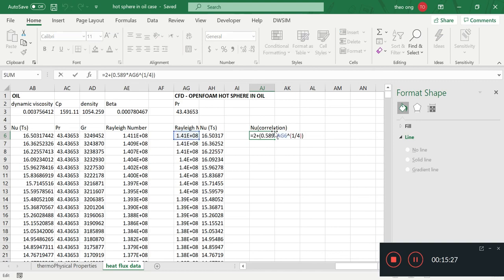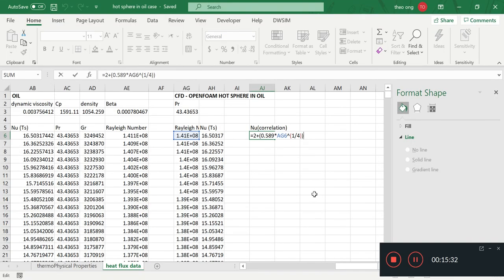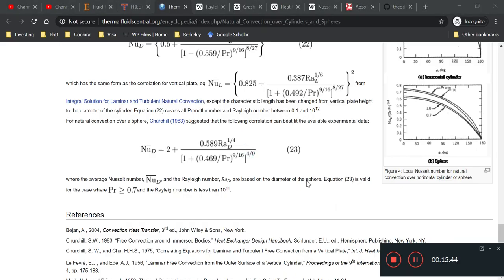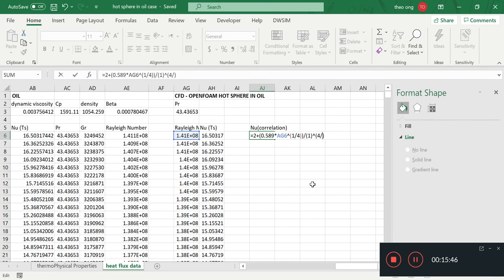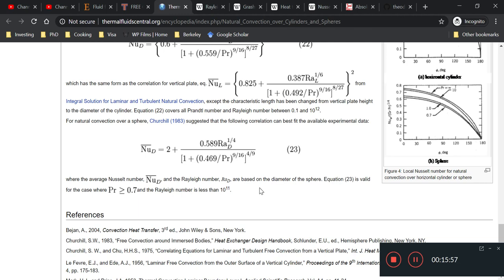And then I need to divide it by 1 plus something. Let's do the power of 4 over 9 first. I'll do the outermost bracket, 4 over 9. So that's 1 plus a Prandtl number expression, power 4 over 9 at the bottom.